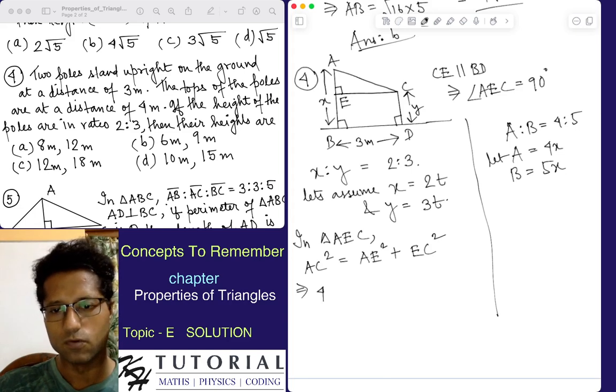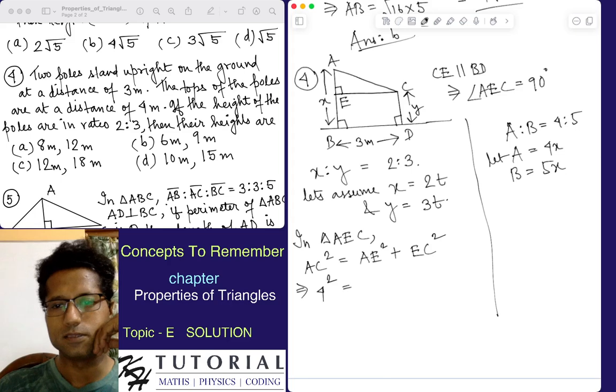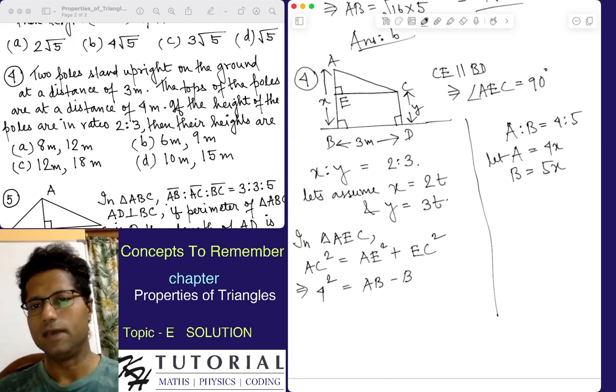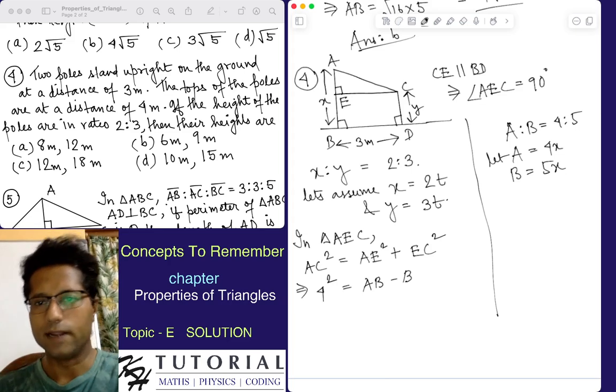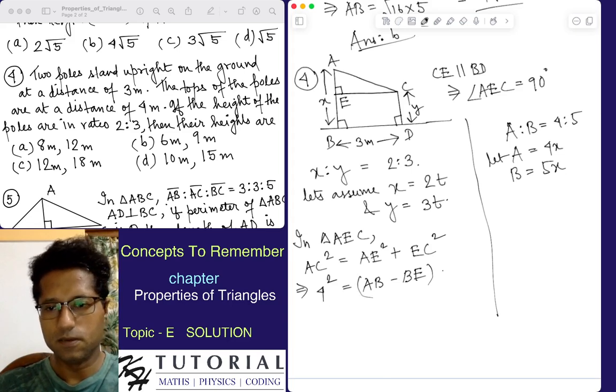So AC is 4, so 4 square is equal to AE square plus EC square. AE is basically the difference in height of the two poles, so AE is AB minus BE, and this is EC square.